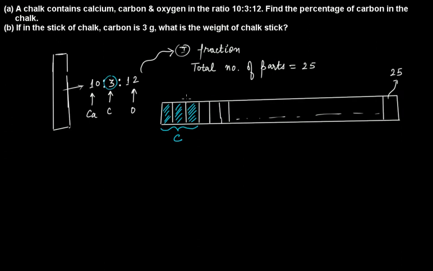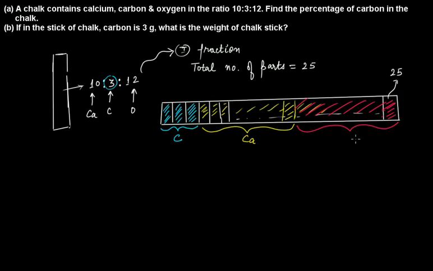Then next 10 we can think of as 1, 2, 3 and so on. Let's say that this was the 10th one, is for calcium, and the remaining 12 parts, let's say this was the 12th part, is for oxygen.